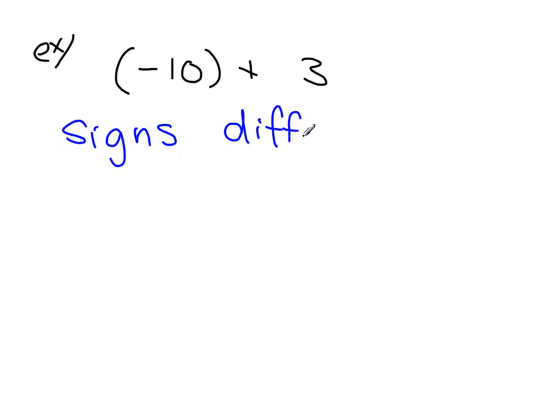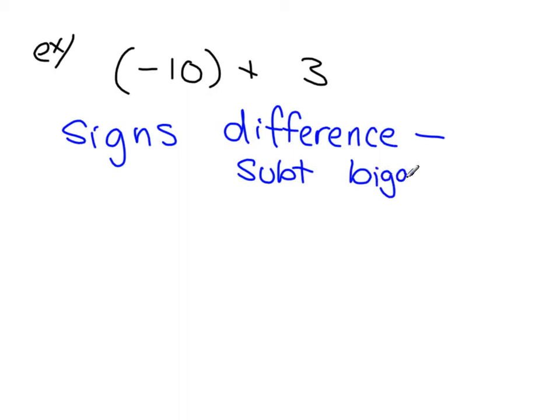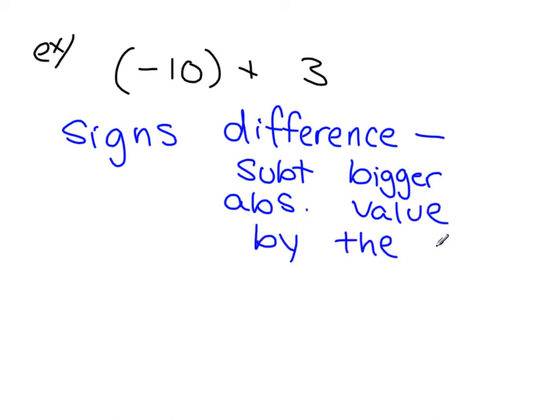So if signs are different, we are going to take a difference, and difference is the fancy word for subtract. We are going to subtract the smaller absolute value from the bigger absolute value.